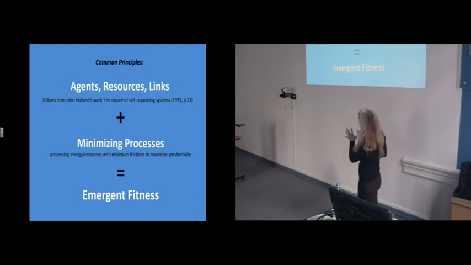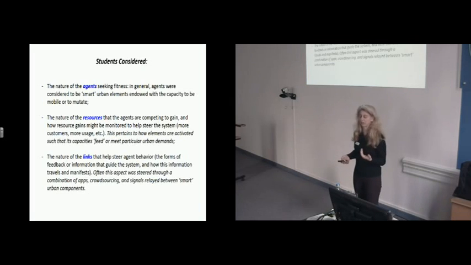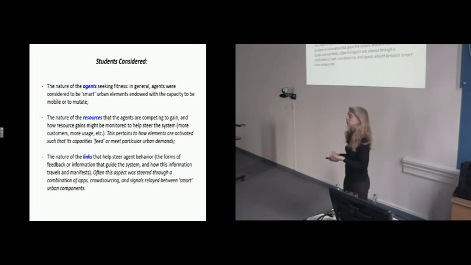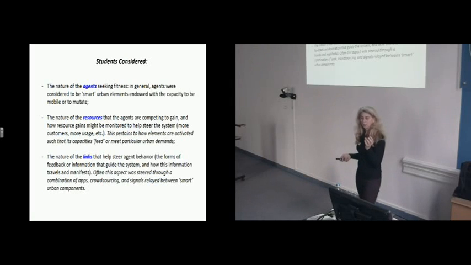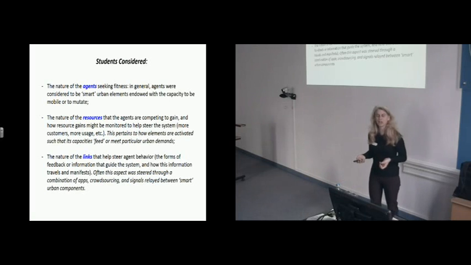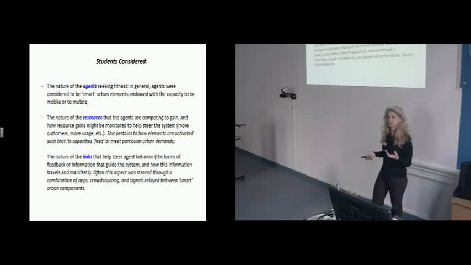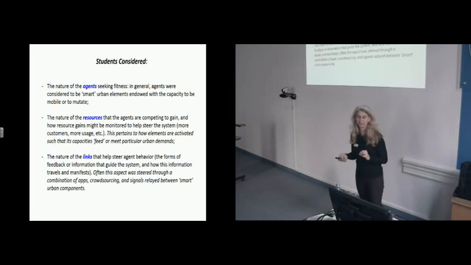So these are the principles that I spend the first part of the semester discussing with the students, looking at different kinds of complexity dynamics. I'm very focused on considering what the nature is of the agents within the system and how agents can have the capacity to seek fitness. So in general, agents were considered to be smart urban elements that are endowed with the capacity to be mobile or to mutate.